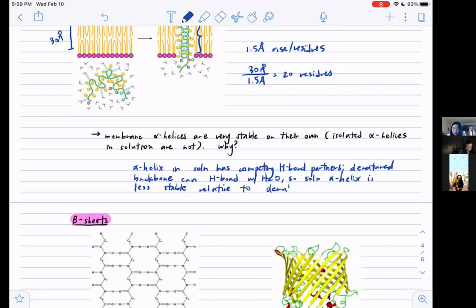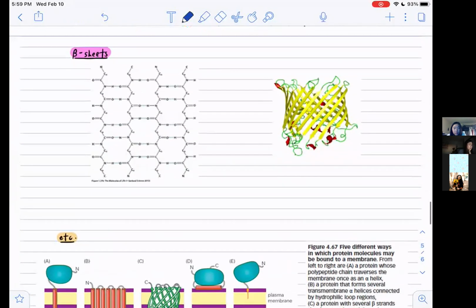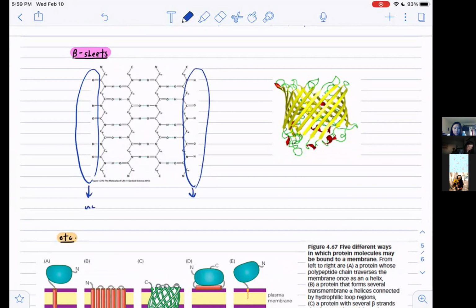Okay, and then finally, we touch on beta sheets. So you might notice when you look at the structure of a beta sheet that there are all these unsatisfied hydrogen bonding partners on the edges of the beta sheet. And so that immediately signals to us that it can't traverse the membrane like this.